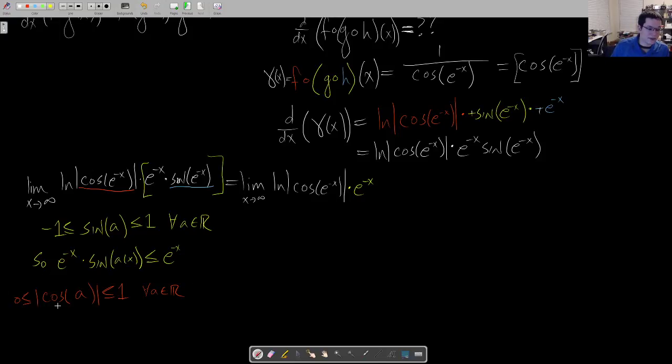Now we want to take the limit of this part, but the natural log of this bouncing value is going to have an upper and lower bound. The lower bound is when cosine of e to the negative x is 0. Problem, the natural log of 0 is negative infinity. So it has no lower bound, but it does have an upper bound, and so we're going to deal with the upper bound.